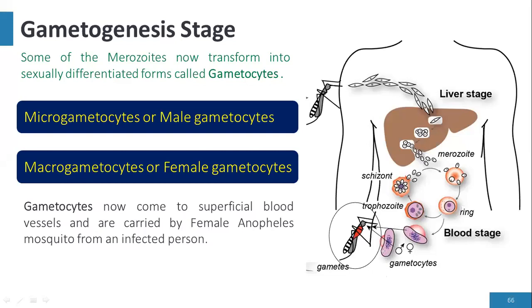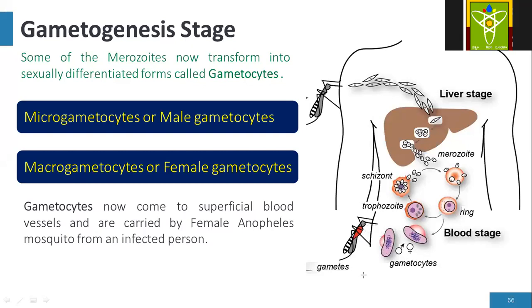Gametocytes will enter into the female Anopheles mosquito, and thus again it has entered into the mosquito's body. Can you see, this photograph is showing all those stages? I'm preparing a beautiful representation so that you understand the process in the best way. Got it, students? Hope you are not getting bored.